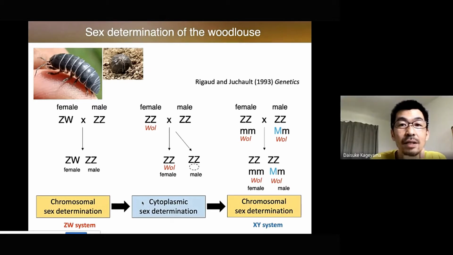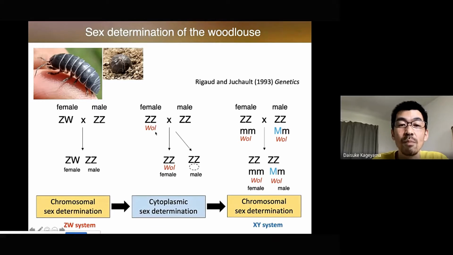For example, in the woodlouse, sex determination research has a long history by the French team at the University of Poitiers from the 1960s or 70s. They have sex determination by female heterogametic sex chromosomes. Like this, females have ZW and males have ZZ. It's called chromosomal sex determination.